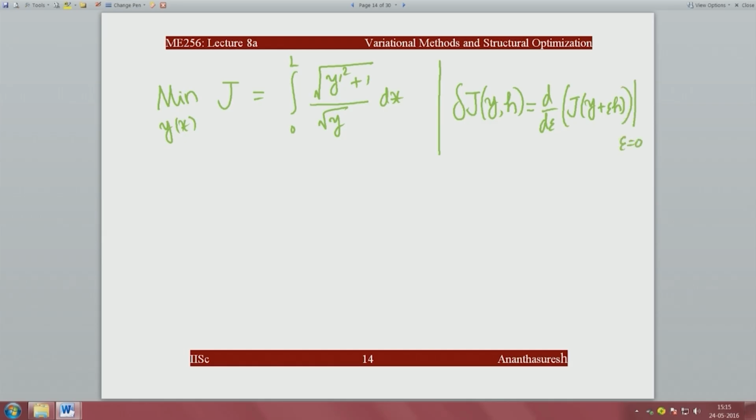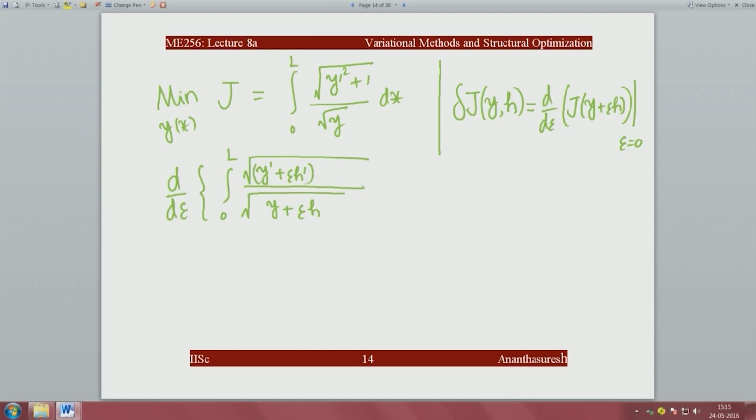Let us do this, where I want to take the derivative d by d epsilon of the integral 0 to L, that is what our functional is, and wherever y is I have to put y plus epsilon h, and likewise instead of y prime I have to put y prime plus epsilon h prime, because we are replacing y with y plus epsilon h.